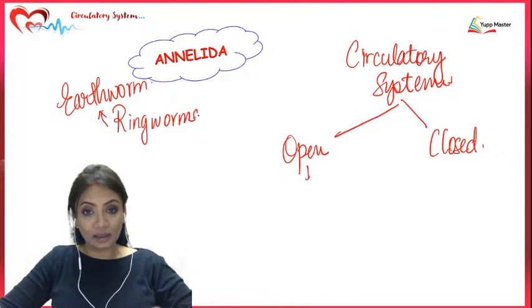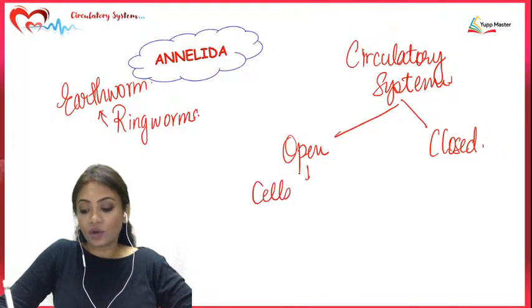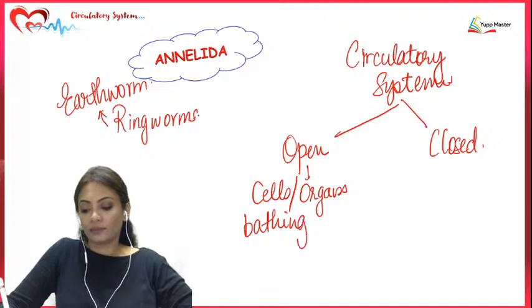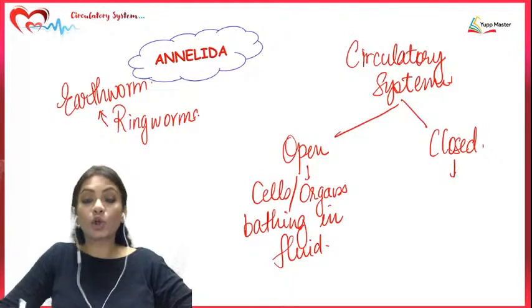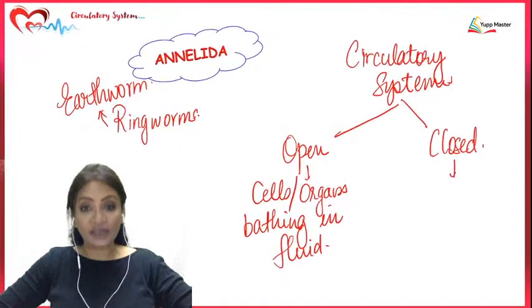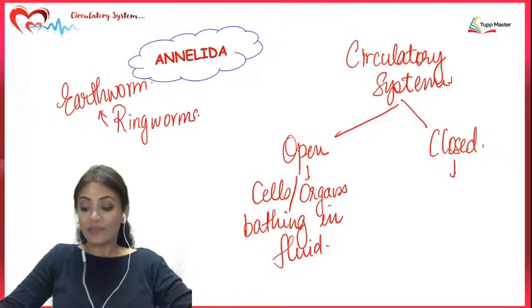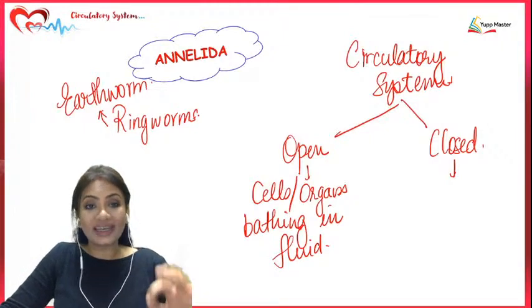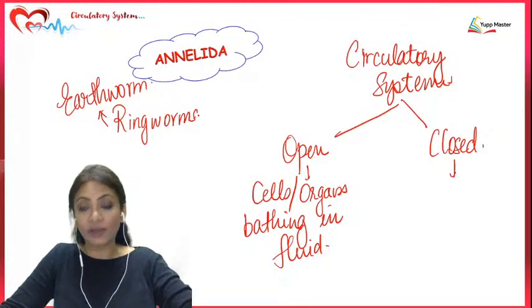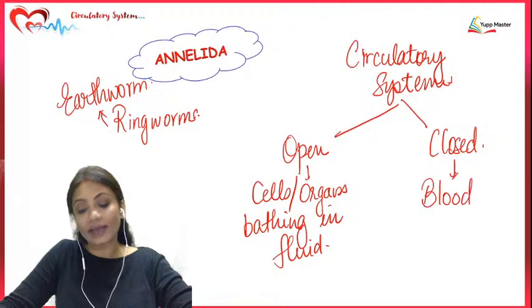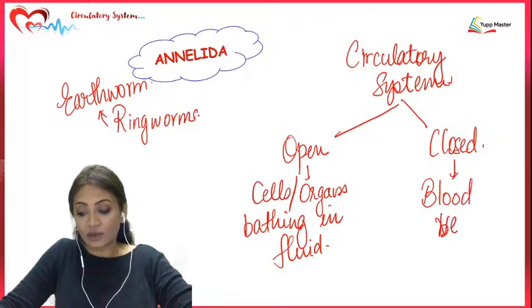So, basically here the cells, or you can say the organs, were bathing in the fluid. But when we talk about a closed type of circulatory system, over here the circulating fluid is flowing inside closed vessels. So here the circulating fluid is found in vessels which are called the blood vessels.